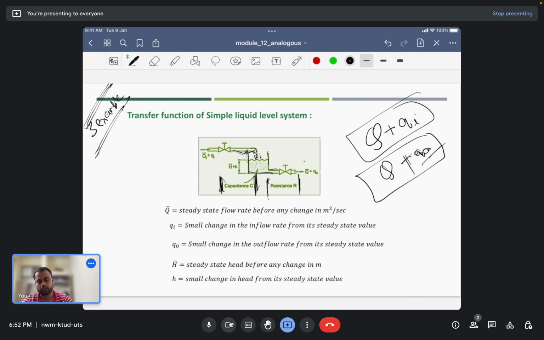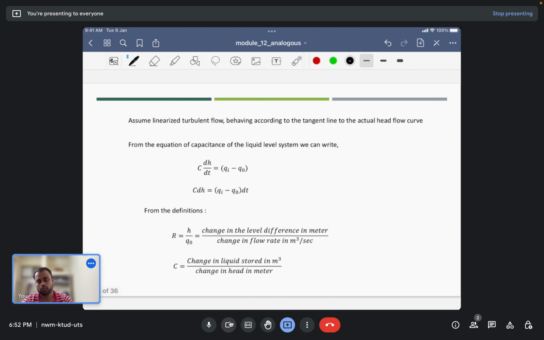And H is the steady state head before any change, and small h is the small change in the steady state. We do not assume any turbulent flow, so all the turbulence is linearized. So these are all assumptions.